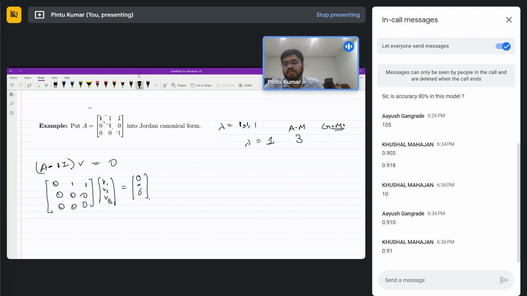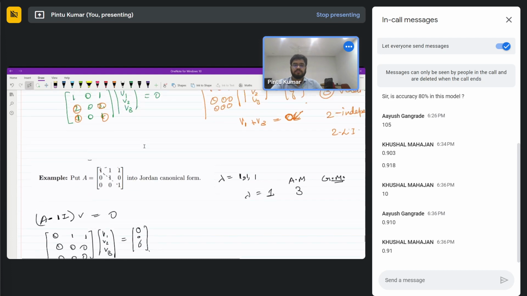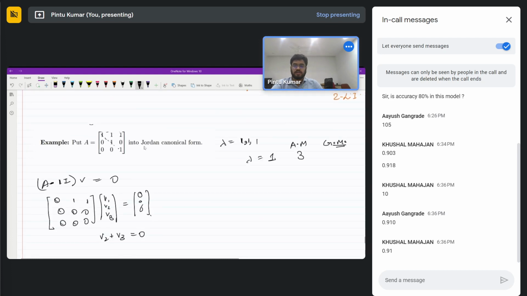Now if you look at this equation, we have a similar thing to the previous example, right? We had only one condition and three variables to choose from. So the number of independent choices will be 2. Hence we will get 2 linearly independent eigenvectors, which means the geometric multiplicity is 2.